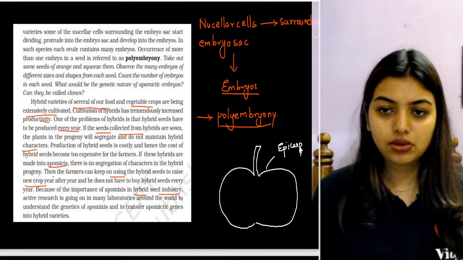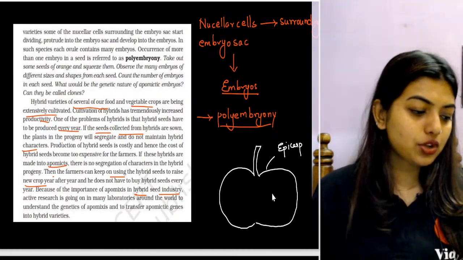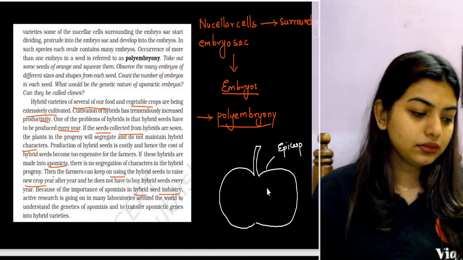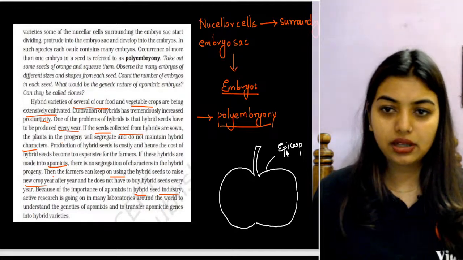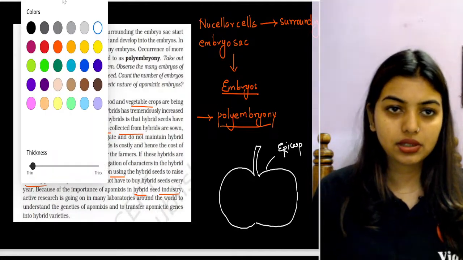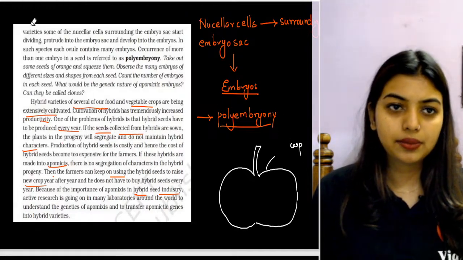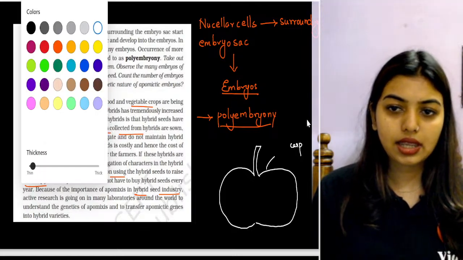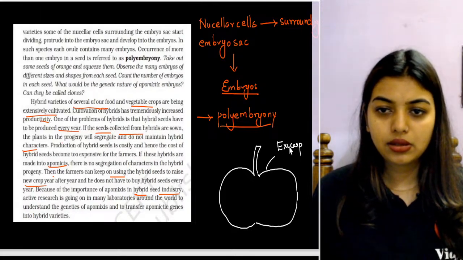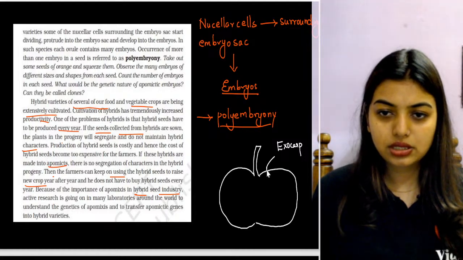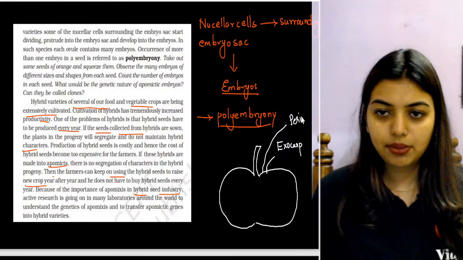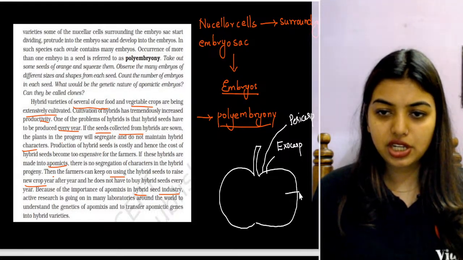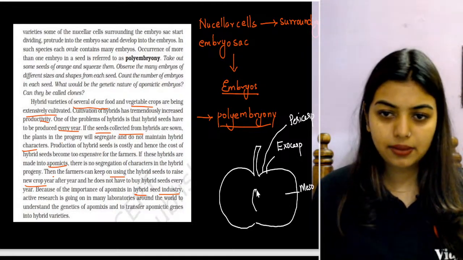Yes or no? Then what is going to be there? The outer layer we can also call the exocarp. Then this inner coat is going to be called the pericarp. Then this fleshy area is going to be the mesocarp. And the seed will be there.